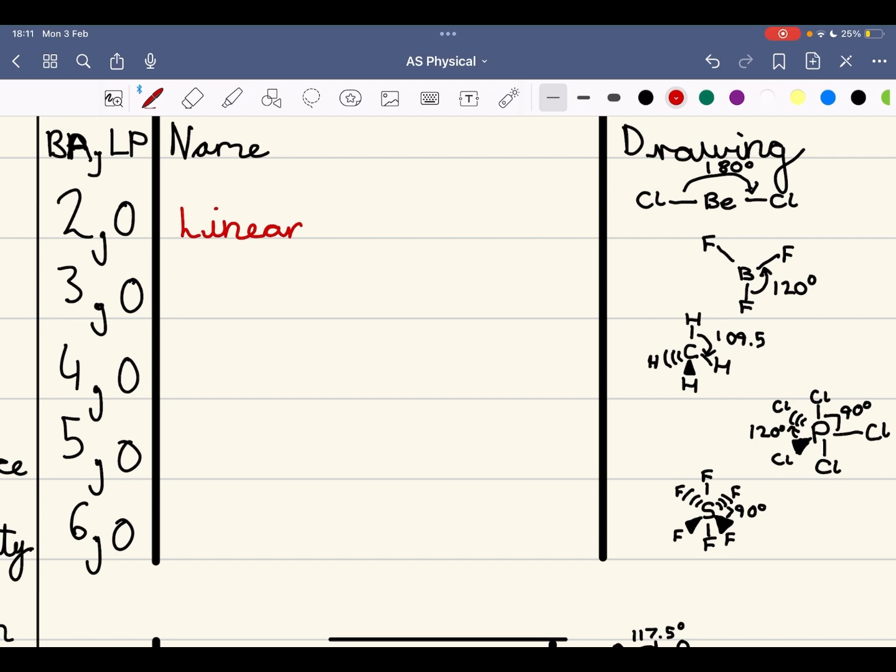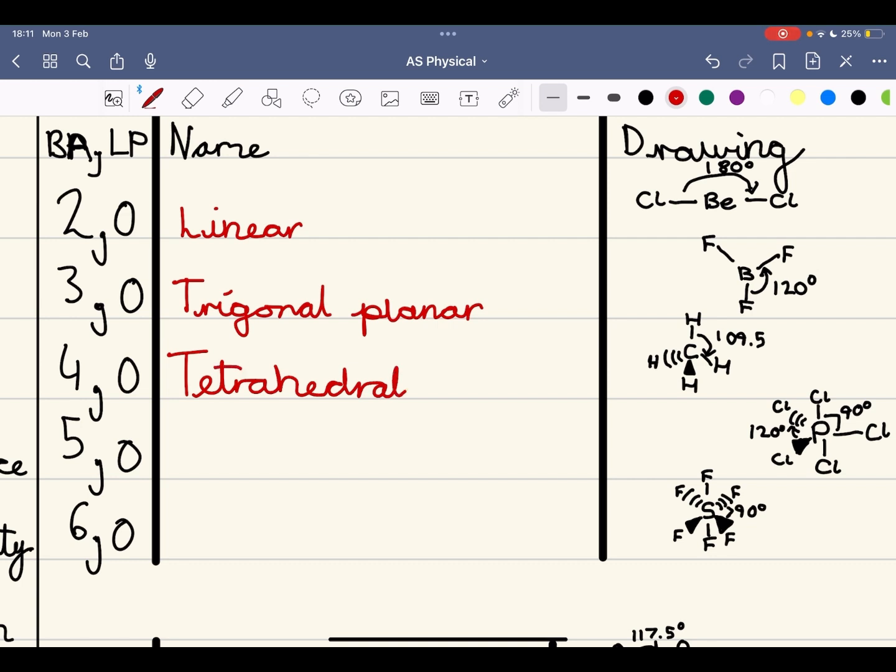And then the next one, 3,0, is called trigonal planar. Planar just means flat. And then we have 4,0, so that's tetrahedral. And tetra means 4.